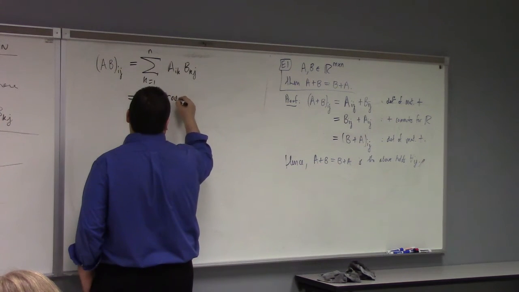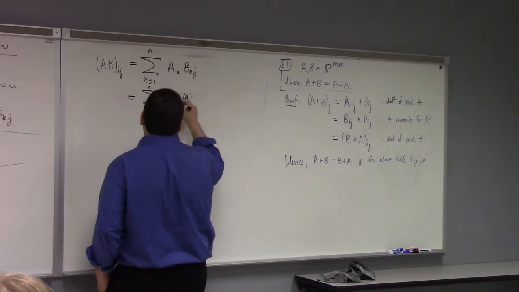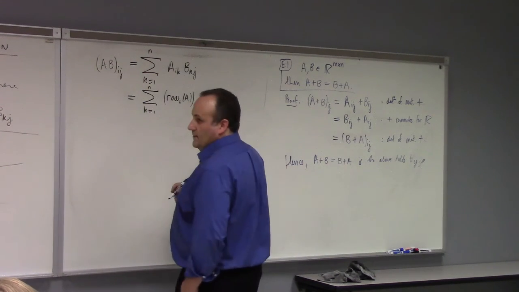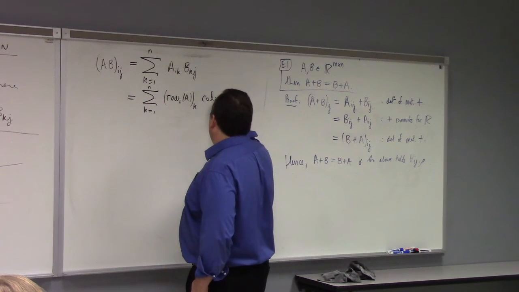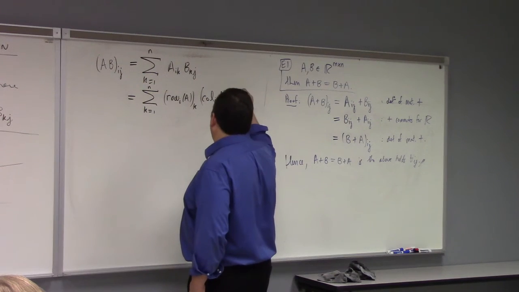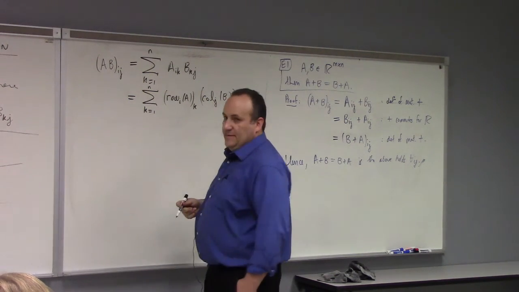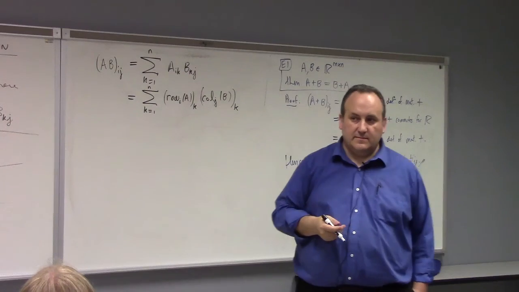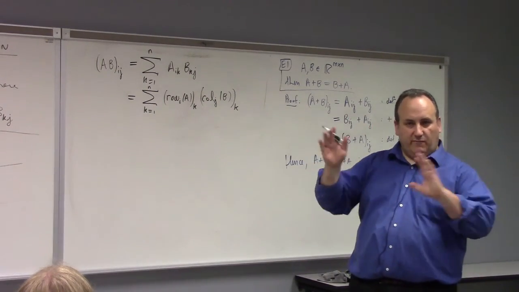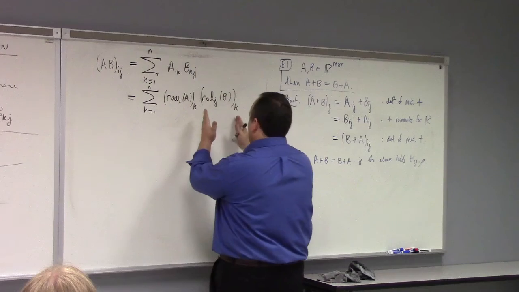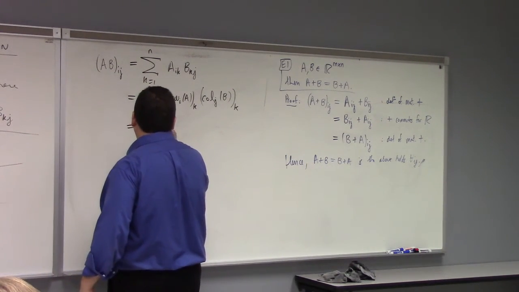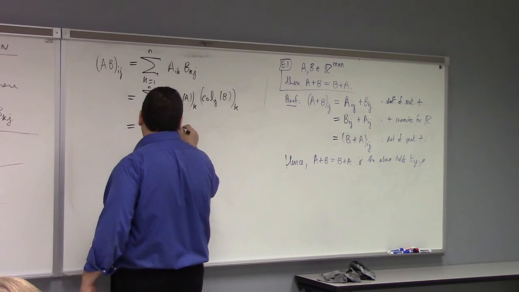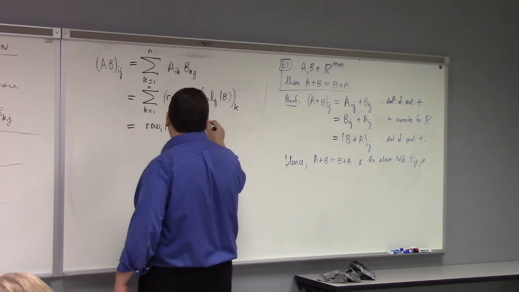Isn't this nothing more than row i of A, the kth component of it, right? And what is this? This is column j of B, the kth component of it. You see? Going back to my definition of row and column earlier today. But what is this when we have a row and a column that are matched up like this, component to component? Well, this is what we define to be the dot product, right? This is row i of A, dot product with column j of B.